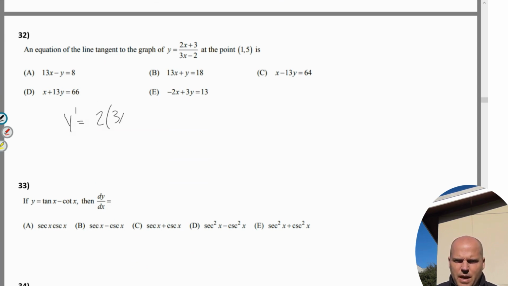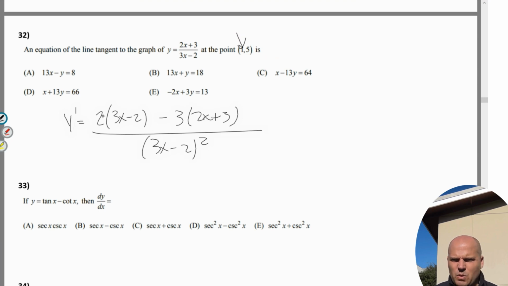Slopes of the top times the bottom minus the slopes of the bottom times the top over the bottom squared. Do you have to simplify this? Nah, I got a point, so I might as well plug it in. Don't simplify unless you really have to. Just looking for an equation.